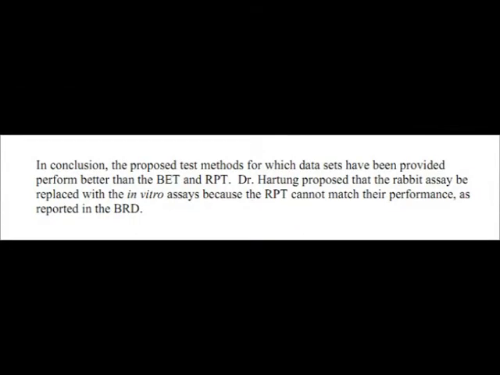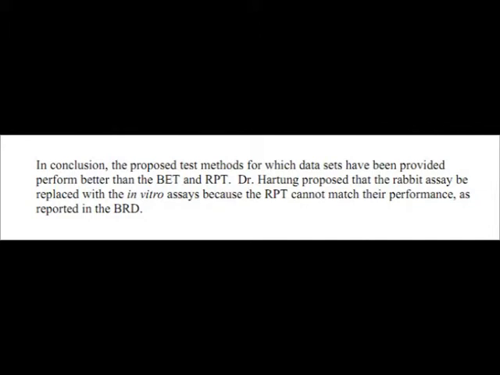This slide is still taken from the Scientific Advisory Committee on Alternative Methods comments on the 5 in vitro tests. It reads, in conclusion, the proposed test methods for which data sets have been provided perform better than the BET, which is the biological, what does that stand for? Sorry, bacterial endotoxin test, which we will look at later, and the RPT test, which is the rabbit test, which we've been looking at mostly.